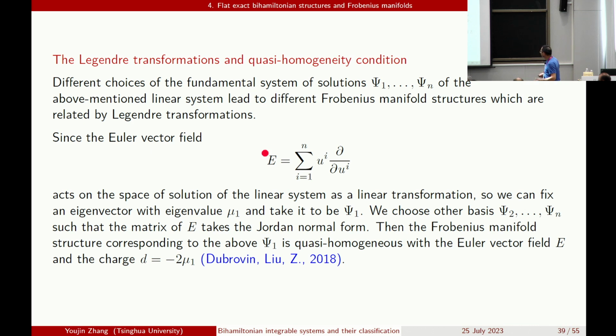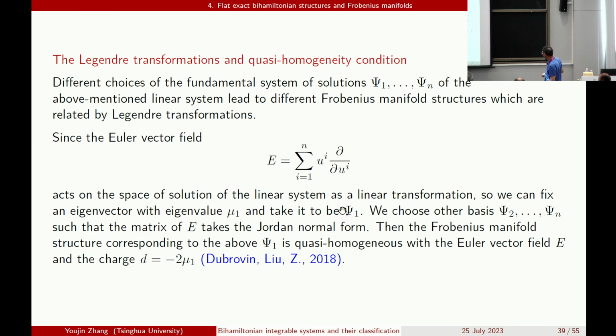In order to construct an Euler vector field, we need to choose the solutions of the linear system in an appropriate way. Because the Euler vector field acts on the space of solutions of the linear system as a linear transformation, we can consider its eigenvalues and eigenvectors.